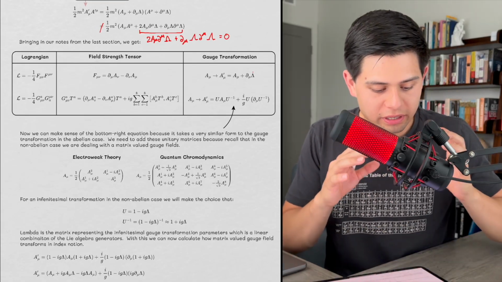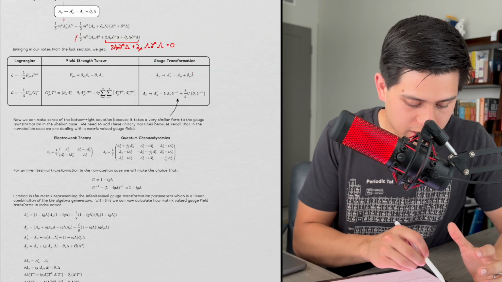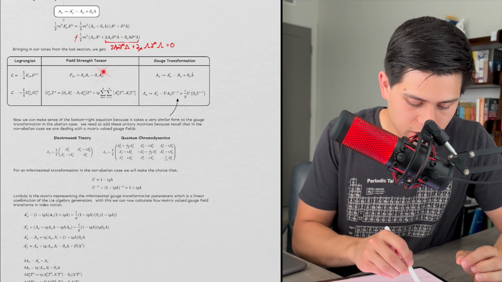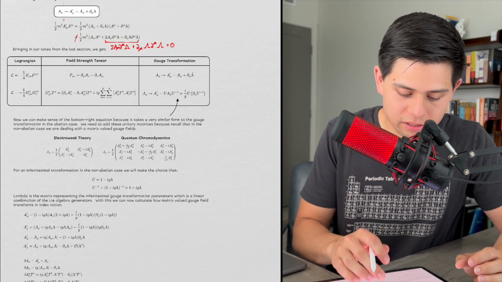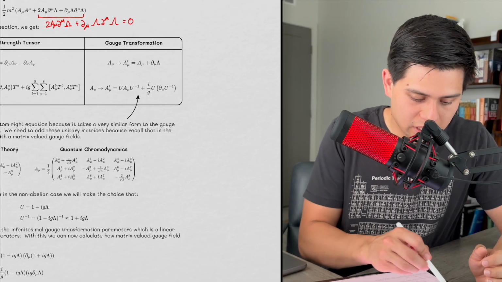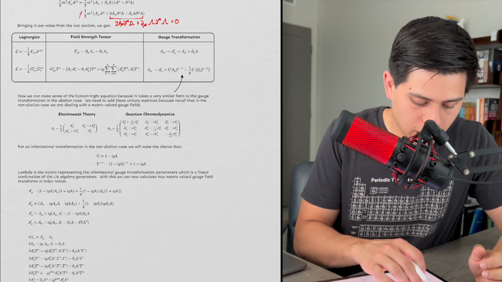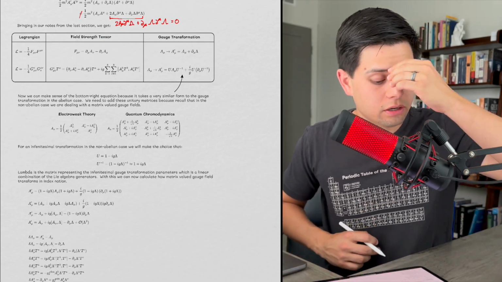So let's bring our notes from the last section. This was for our electromagnetism. This was our field strength tensor, and this was our gauge transformation. And now let's take a look at the non-abelian case.